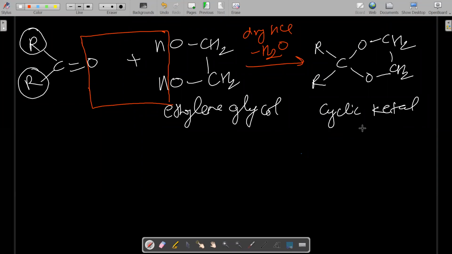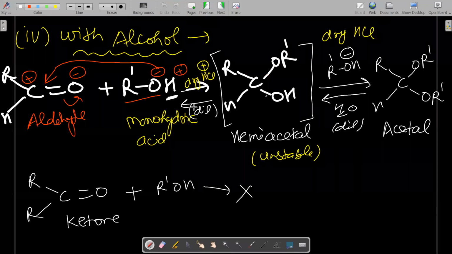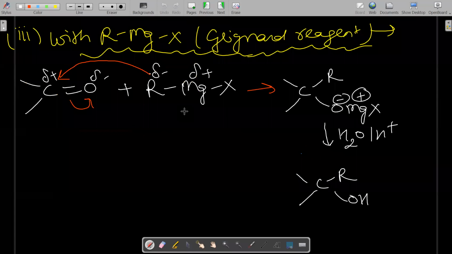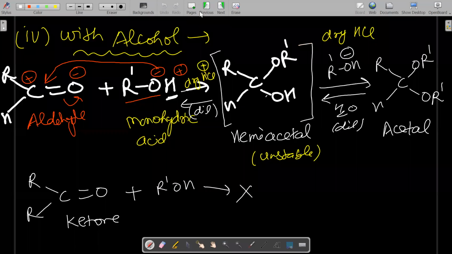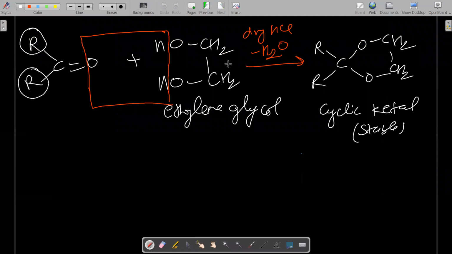So this cyclic ketal product is stable. Okay, so you can see once again what happens. Aldehyde reacts with monohydric alcohol to form acetal. Ketone does not react with monohydric alcohol due to steric hindrance. But ketone reacts with dihydric alcohol to form stable cyclic ketal product, right? Is it clear to all of you?